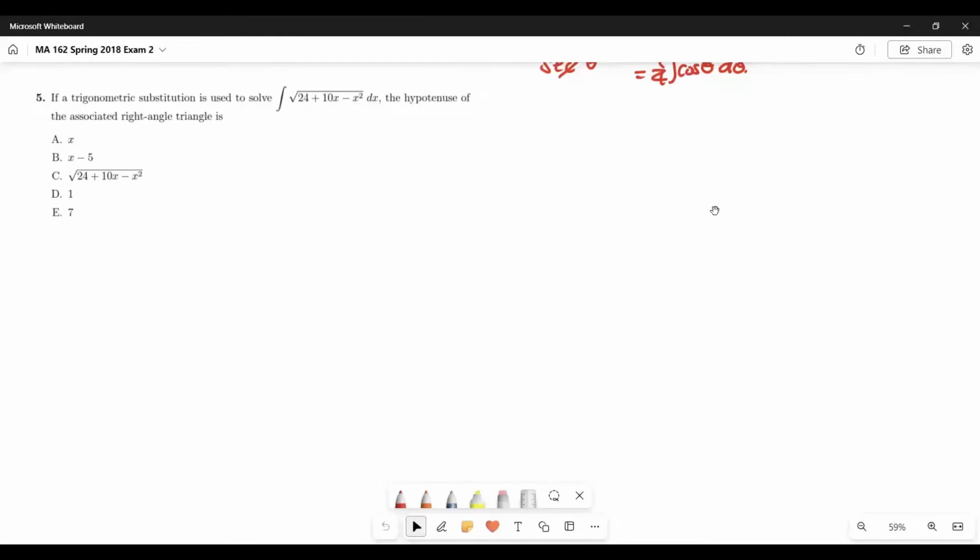Okay, so this question asks, if a trigonometric substitution is used to solve the integral of the square root of 24 plus 10x minus x squared dx, the hypotenuse of the associated right angle triangle is question mark. Okay, so we have that integral.